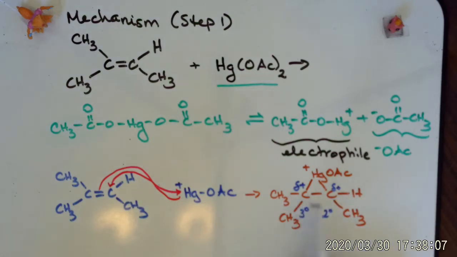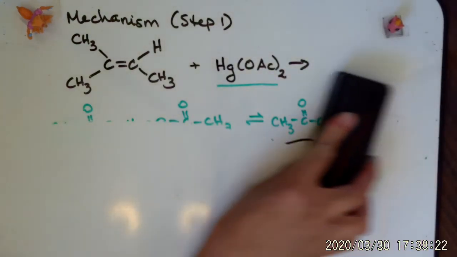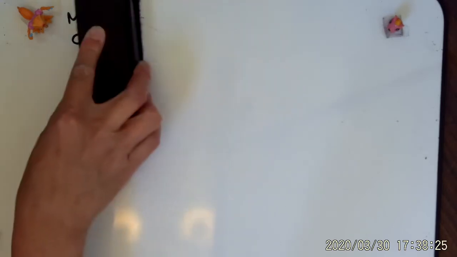So bear in mind, this is how we're getting our Markovnikov orientation. This is more stable. We always want the more stable intermediate.